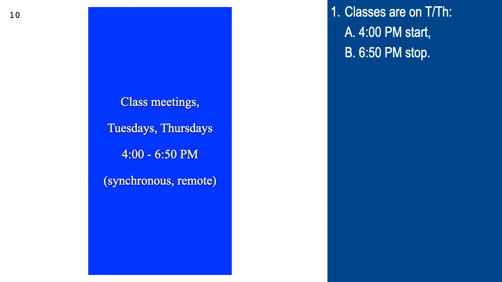That means that our class meetings are going to be what they would be if there was no emergency and we were all milling around campus. We'd meet in Mathematical Sciences building, room 350 from 4 to 6:50 p.m. Now we're not going to be doing that. We're going to be meeting online, but we're still going to be meeting at that time.